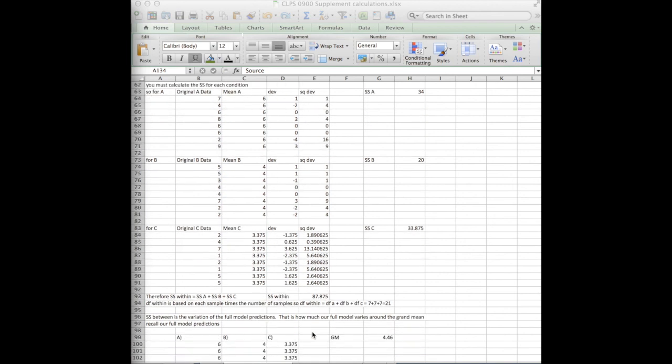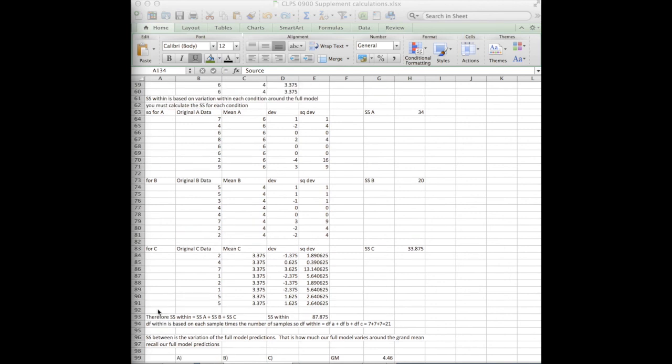So next, in order to find your degrees of freedom, remember that your degrees of freedom is based on each sample times the number of samples. So your degrees of freedom would be the degrees of freedom that you have for A, plus the degrees of freedom for B, plus the degrees of freedom for C. So we calculated all of this based on the individual conditions.